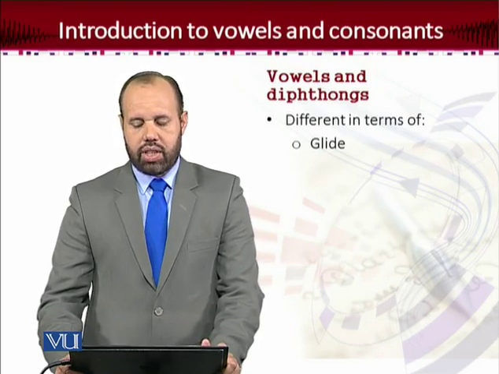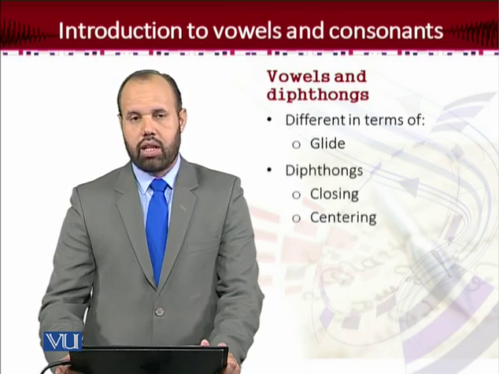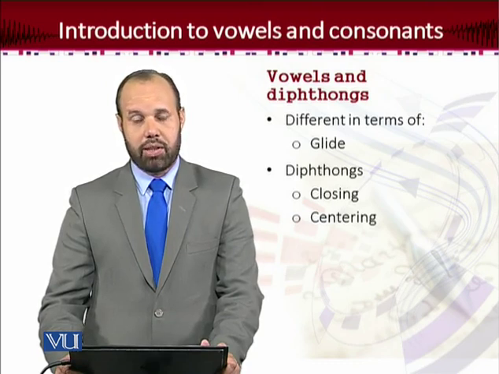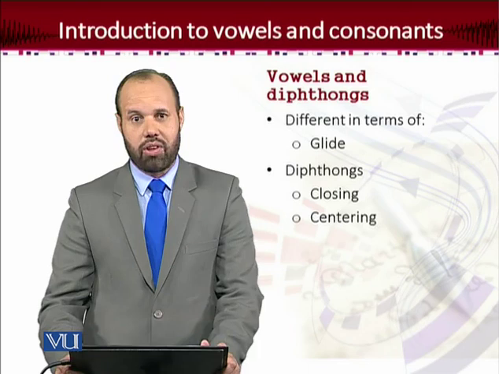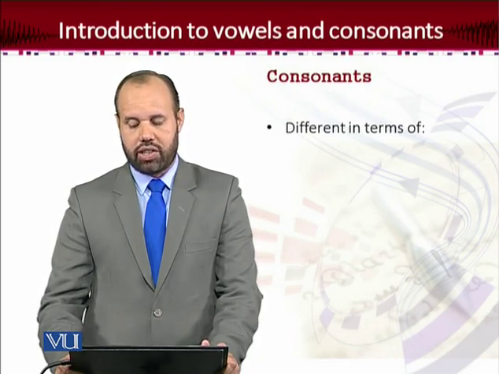And then there is a difference between vowels and diphthongs also. Diphthongs are basically glides in which there is movement from one vowel to another, right? And English diphthongs can further be divided into two broad categories: closing diphthongs and centering diphthongs. We will discuss them later.